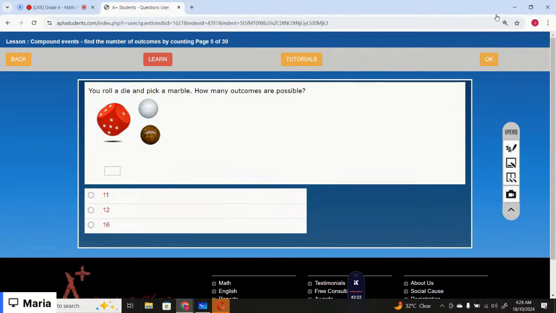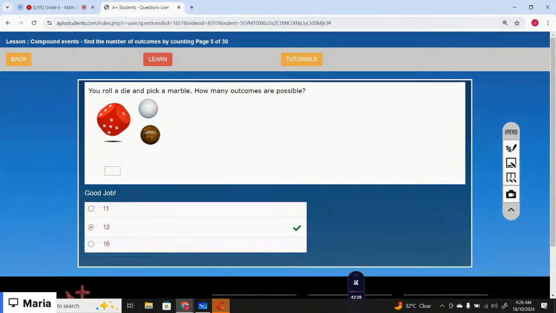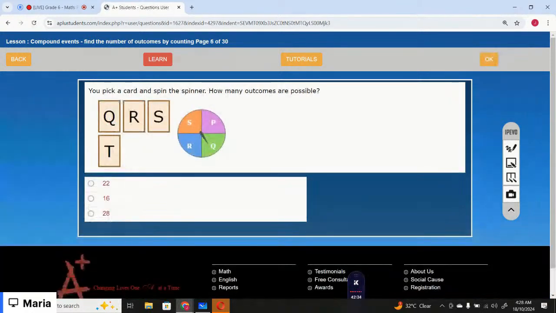Very good. That is 6 times 2 is 12. So, the total outcomes are 12. You pick a card and see outcomes are possible. So, which is the correct option?